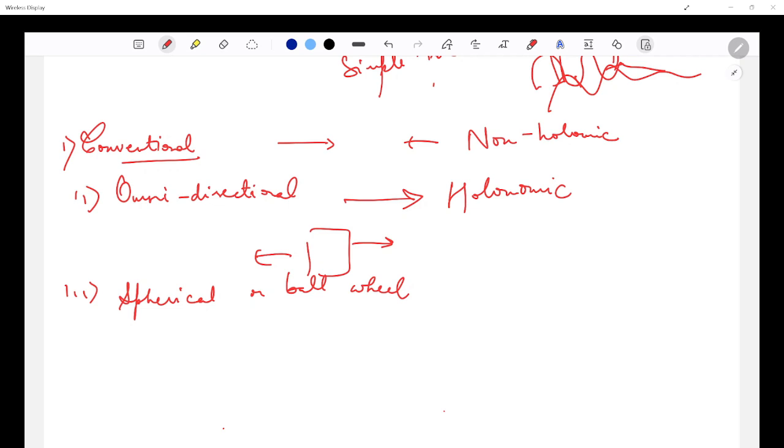Okay, so we'll now understand what non-holonomic means, but before that we'll derive something and then we'll come to it. Okay, so yeah, you might have already understood this robots part. Okay, I think we can move on to single leg kinematics.